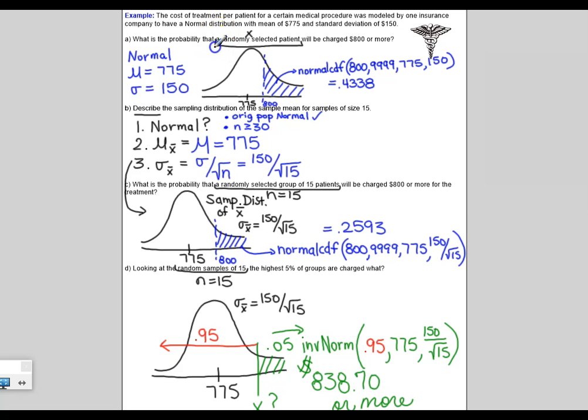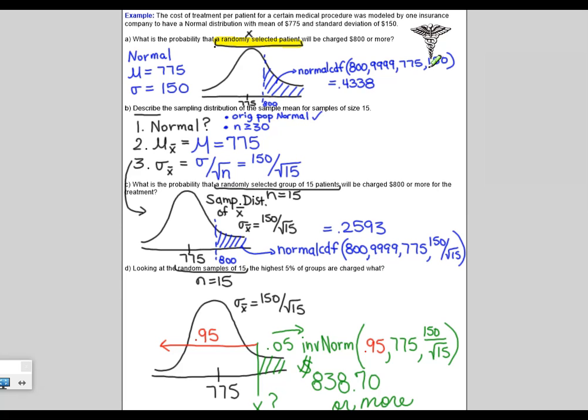This one says we want to know the probability of a randomly selected patient. A randomly selected patient is one person. So we're just wanting to know the probability one person would be charged $800 or more.